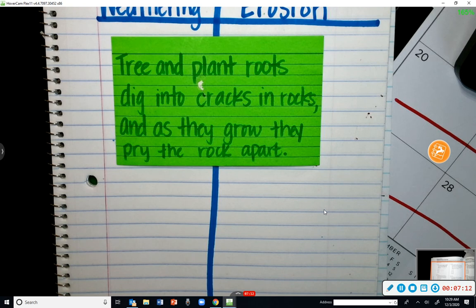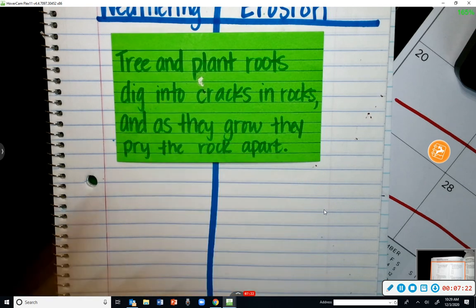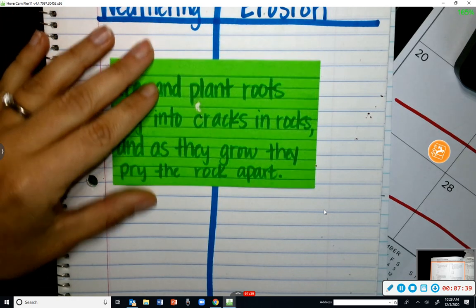What do you think, Aaliyah? Weathering, good. Nothing is being moved, but something is breaking or getting weaker. So if tree and plant roots dig into cracks in rocks, and they grow so that the rock eventually breaks, that is what, Bryson? Weathering. Good.